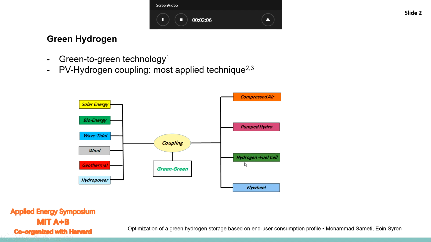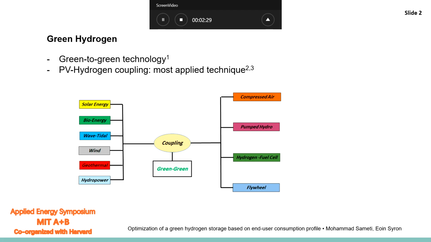So if energy from the sun, for example solar electricity, runs the electrolyzer to generate hydrogen, that hydrogen is the green hydrogen, and the technology that we use is called green to green technology.